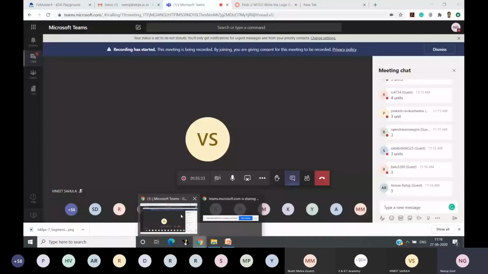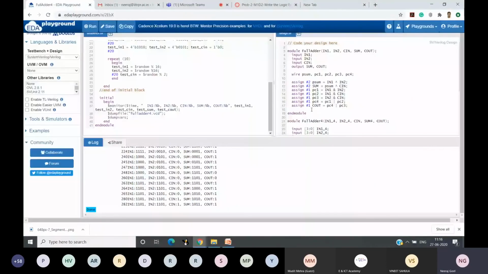Yeah. So let us first see how I will answer those questions of designing a full adder. Here I'm giving 5 signals: input 1, input 2, C in, sum, and C out. As we did yesterday, we classify IN1, IN2 and C in as inputs, and sum and C out as outputs.